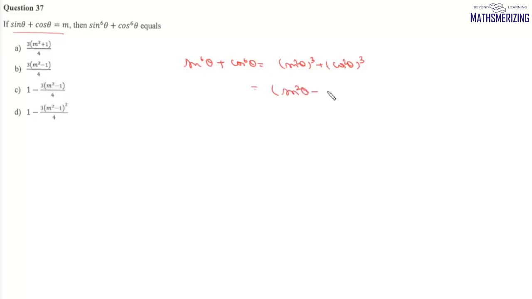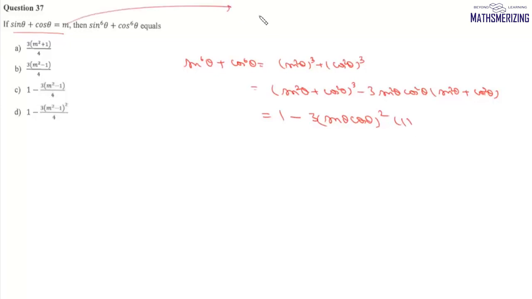So there'll be sin square theta plus cos square theta whole cube minus 3 times sin square theta into cos square theta, and then again sin square theta plus cos square theta. Now sin square theta plus cos square theta will be 1. So it'll be 1 minus 3, and we can write this as sin theta cos theta whole square, and again sin square theta plus cos square theta is 1.